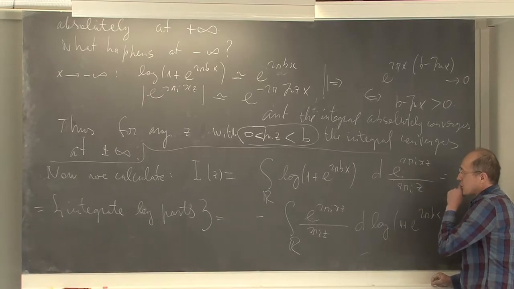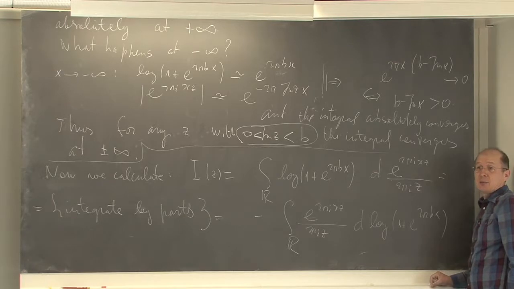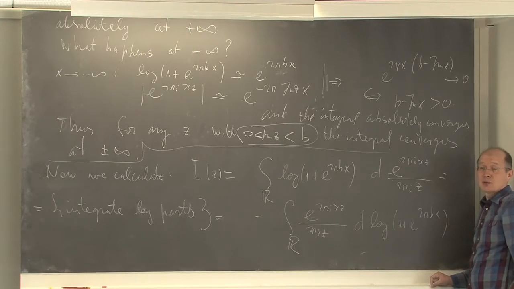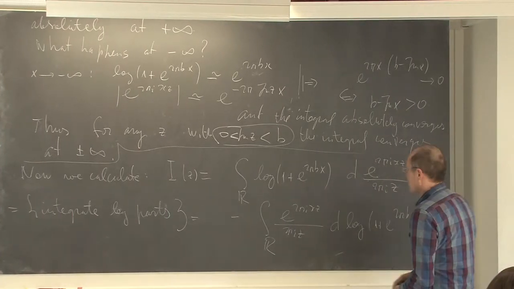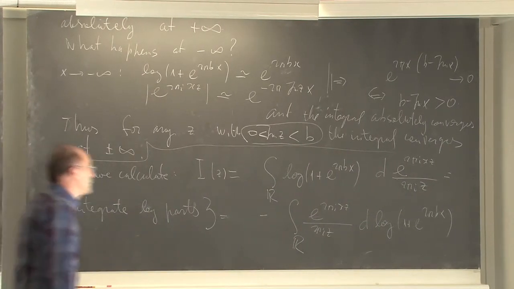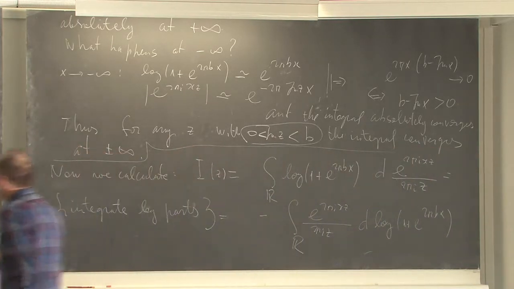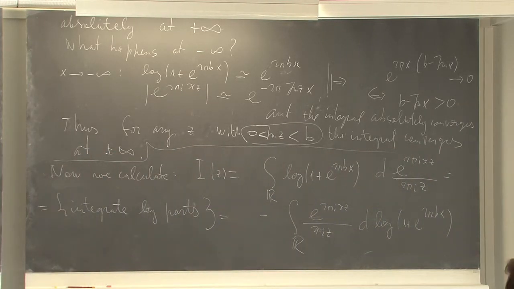Due to absolute convergence, we have exponential decay at both infinities, so no boundary terms. And just to prepare the formula to continue with after the break, let us differentiate the log.